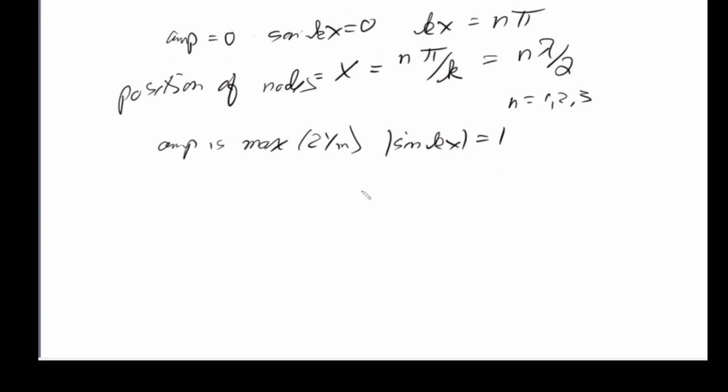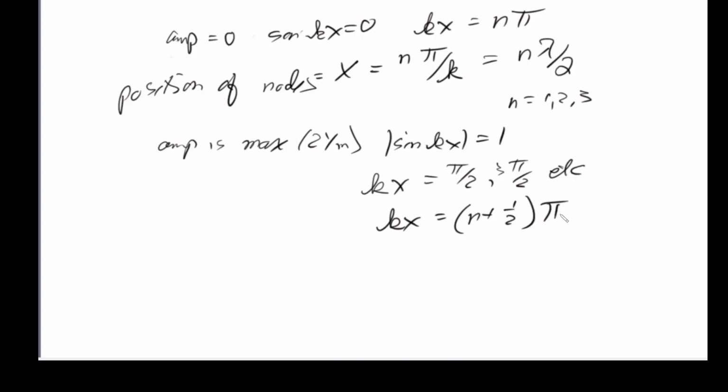And this would give us kx is equal to pi over 2, 3 pi over 2, etc. Or kx is equal to n plus 1/2 times pi.